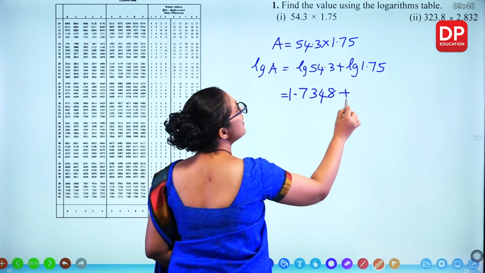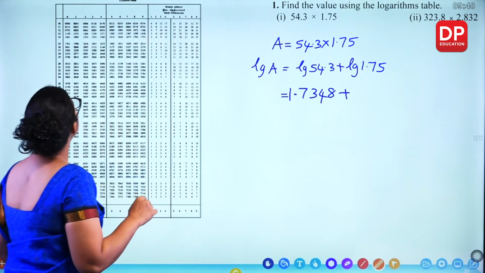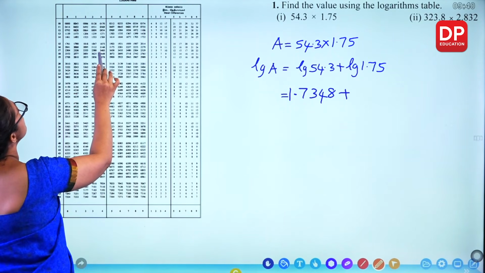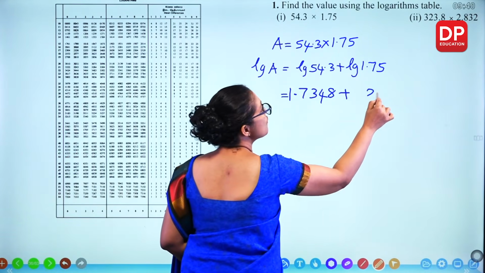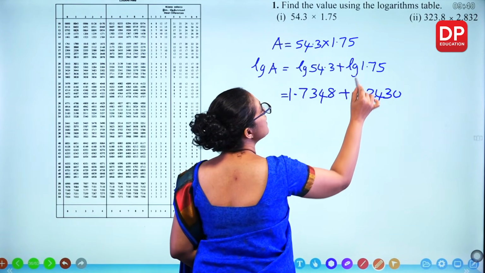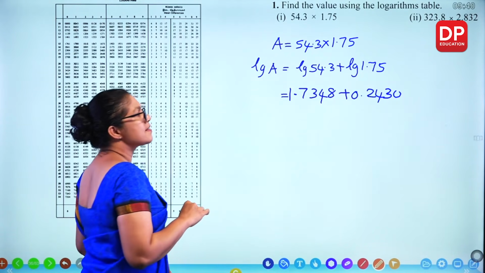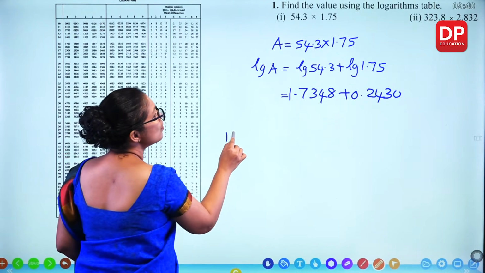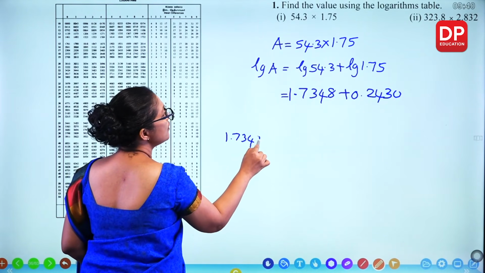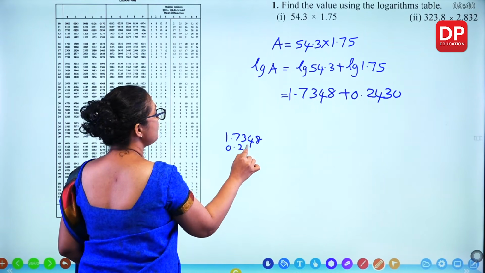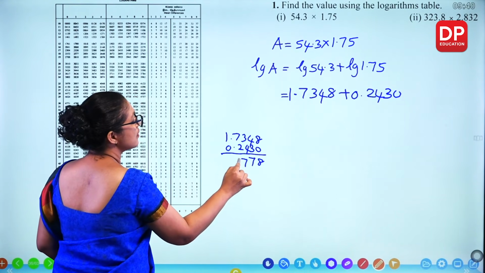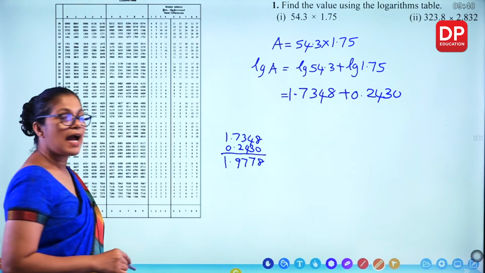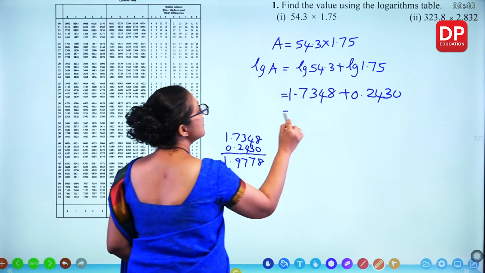Then the next number, 17.5. 17.5 is 24.30 and the characteristic is 0. Now add the two values. You get 1.9778.